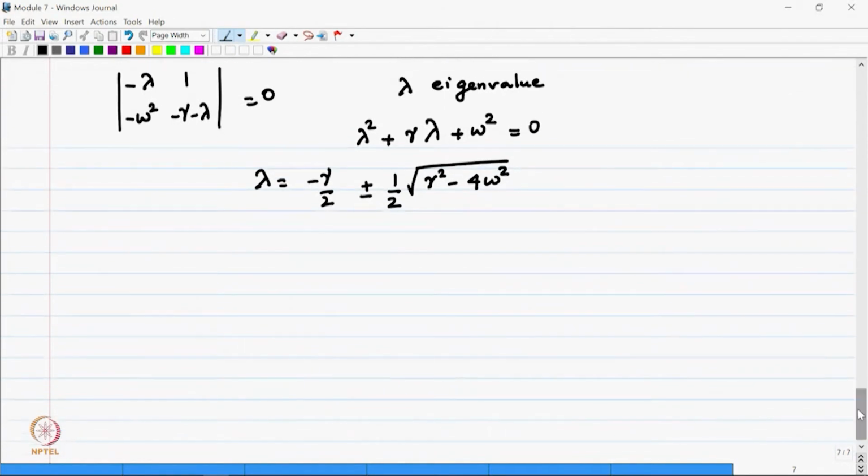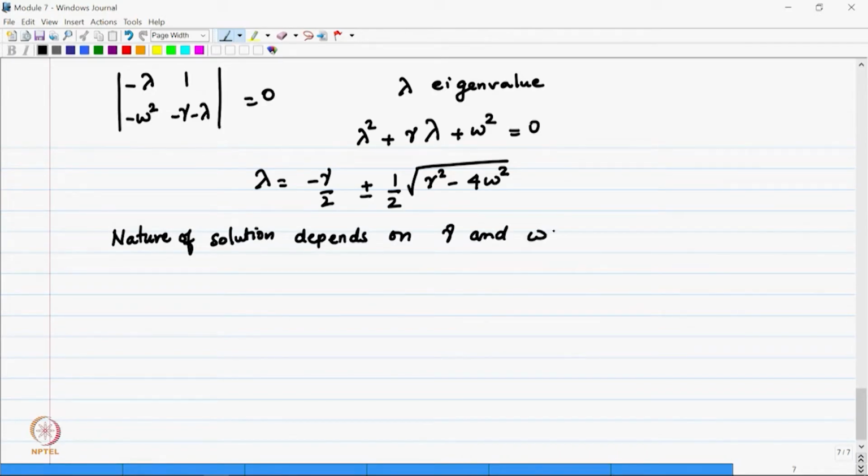Now, in this case your solution depends on the relative values of gamma and omega. So, the nature of the solution depends on gamma and omega.